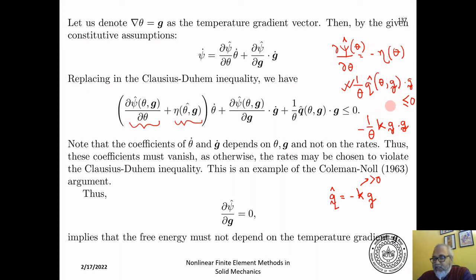K is a constant that is greater than 0, therefore this whole thing is always less than 0, and that means this constitutive equation between q and g satisfies the Clausius-Duhem inequality, so it's an acceptable constitutive equation. However, a constitutive equation which has psi dot dependent on theta and g, as we have seen, is not acceptable. It should not be a function of g, so that it does not violate the Clausius-Duhem inequality.